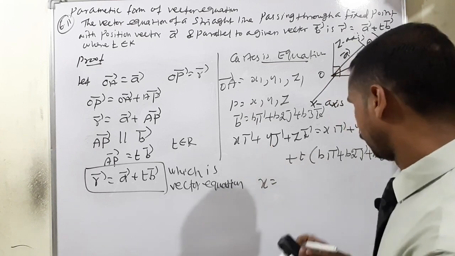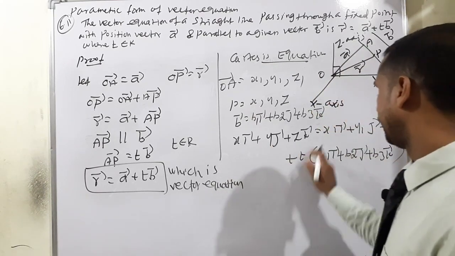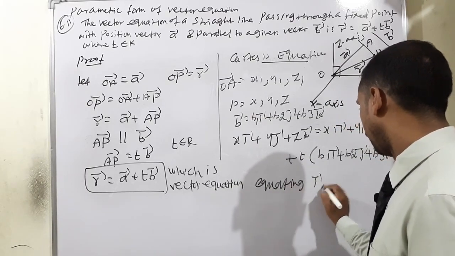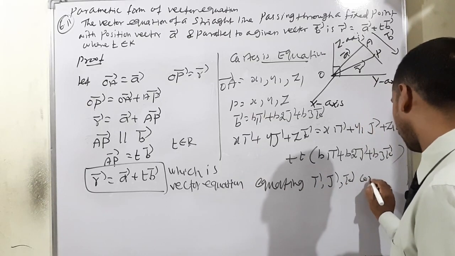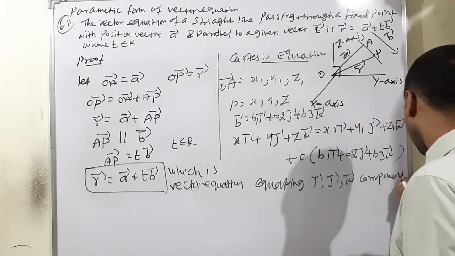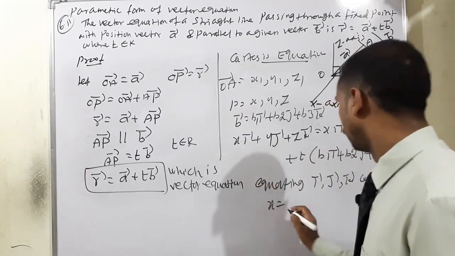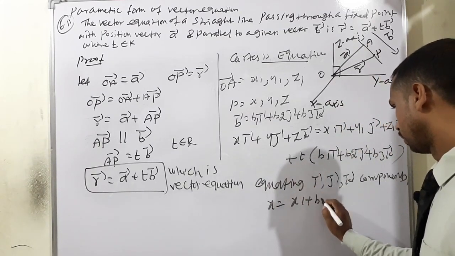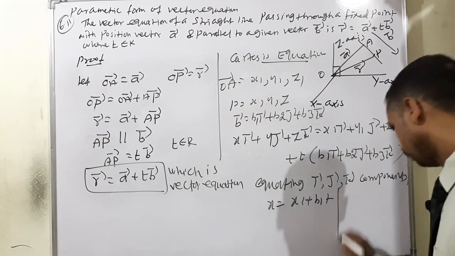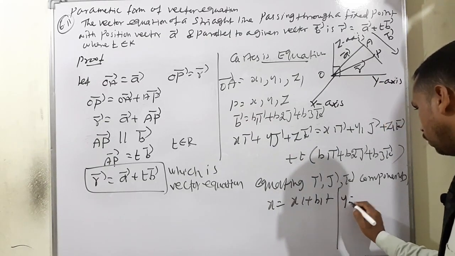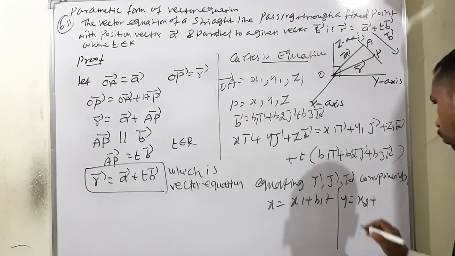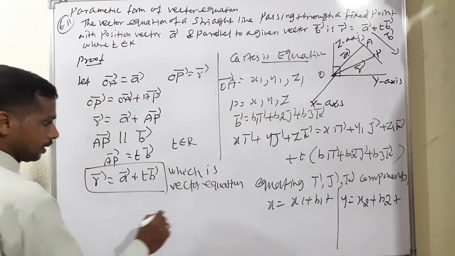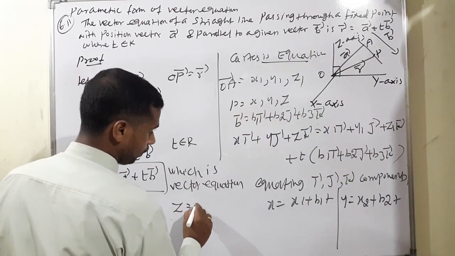Therefore, first we have to equate the i, j, k vector components. So x is equal to x1 plus b1t. Then the second condition, y is equal to y1 plus b2t. The last condition is z.